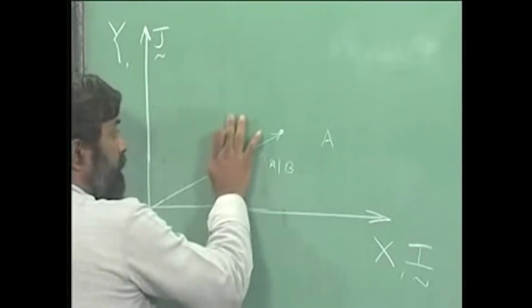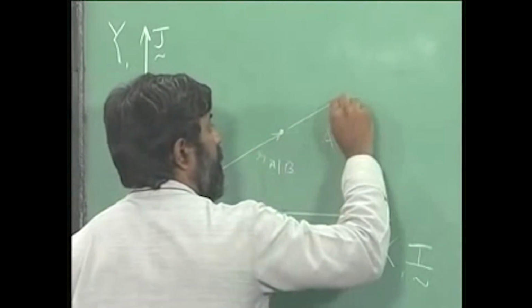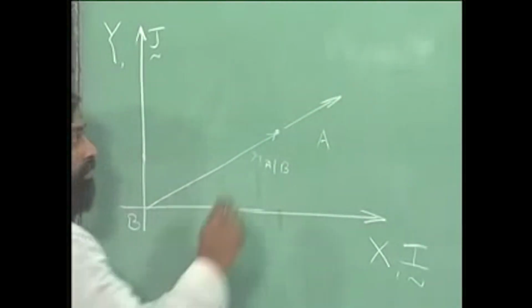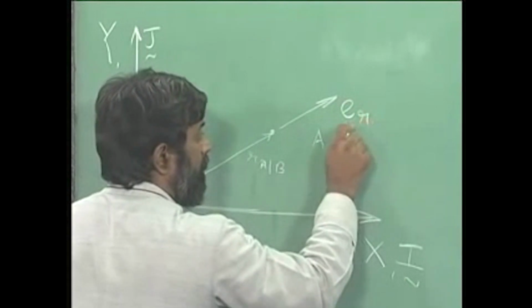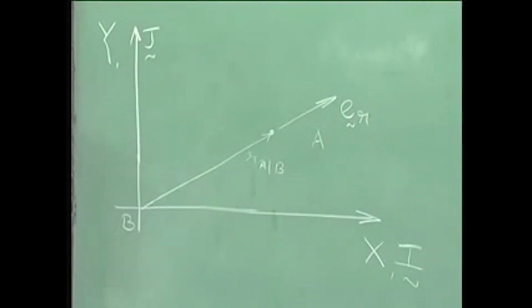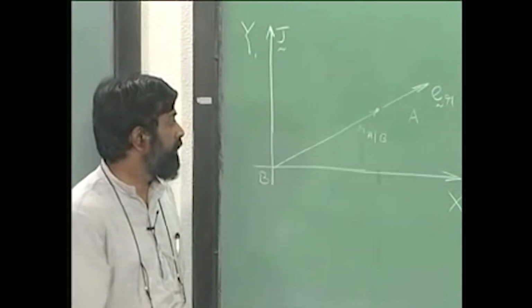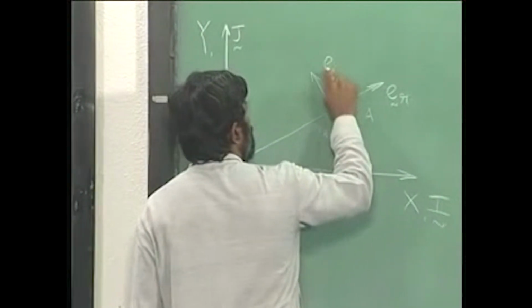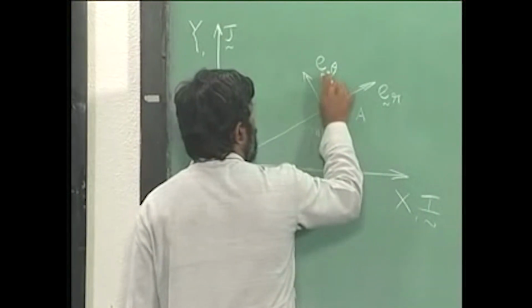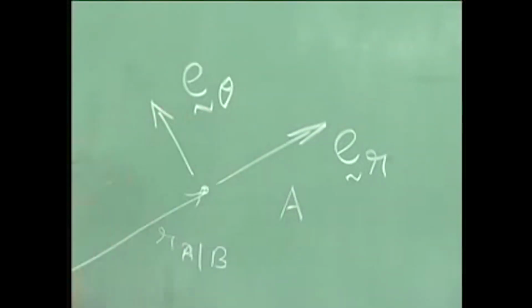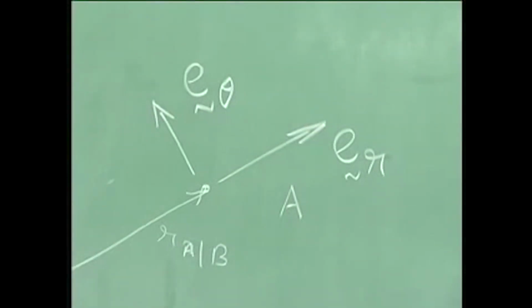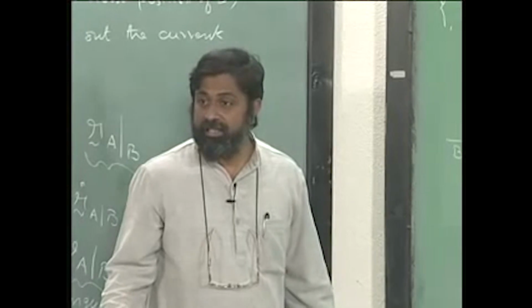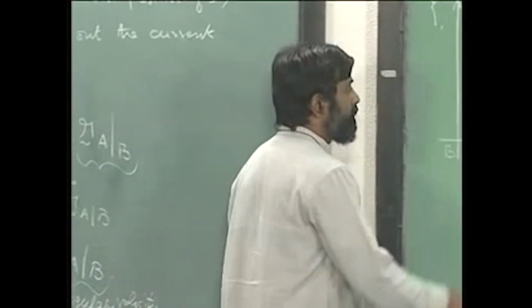So, we will represent this by a vector ER, which is along this line RAB, R of A with respect to B, and another which is perpendicular to this, which I am going to call E theta. These two are the unit vectors I am using. Why am I using these unit vectors? Very simple.